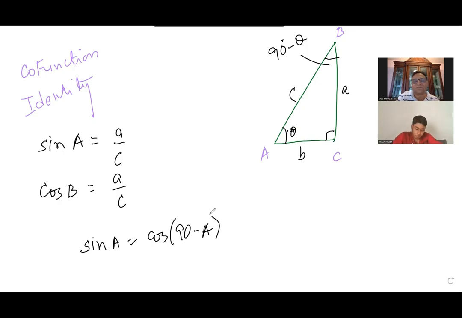That is the co-function identity, because when you look from the third angle, the opposite becomes adjacent, and adjacent becomes opposite. And the other way is also true: cos of A will be equal to sine of 90 minus A.